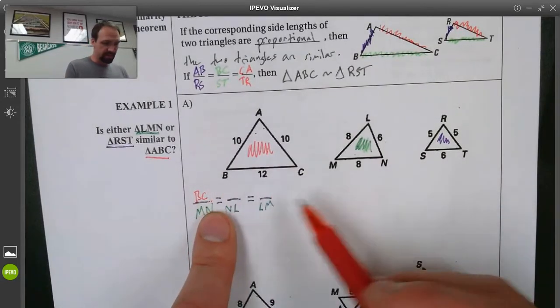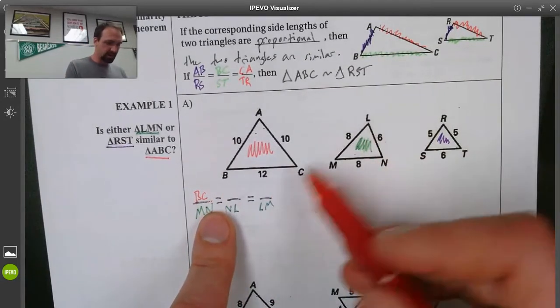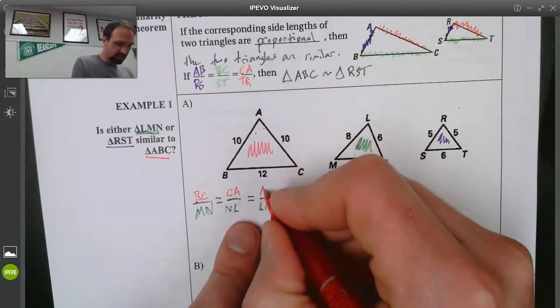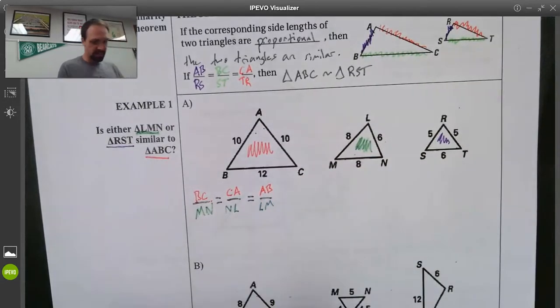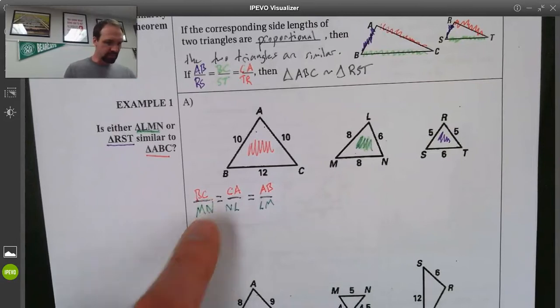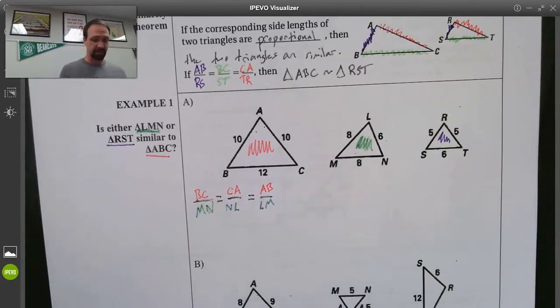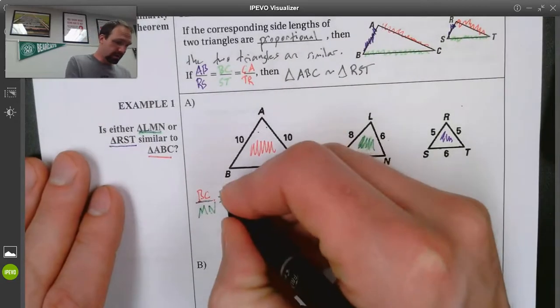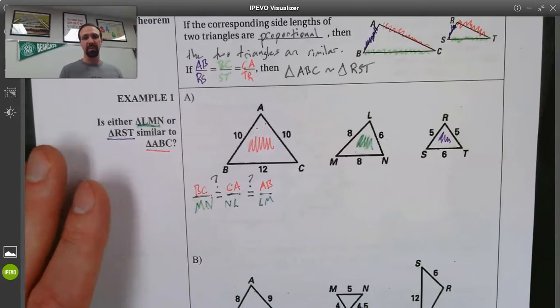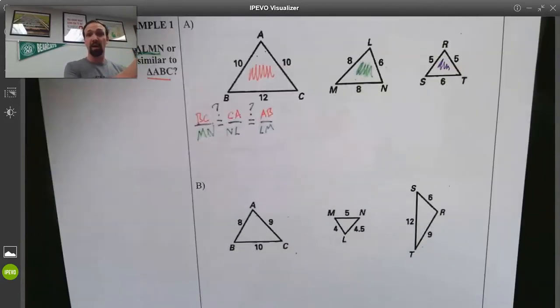So I have BC, and then I went to NL, so I'm going to go to C to A, and then A to B. It's a little bit weird. Put AB last. I usually put AB first. All right. So now we're just checking to see if these proportions are all the same. And we don't know if they are, so we're checking to see if they are. So that's why we put question marks over them, because we don't know if they are proportional or not.